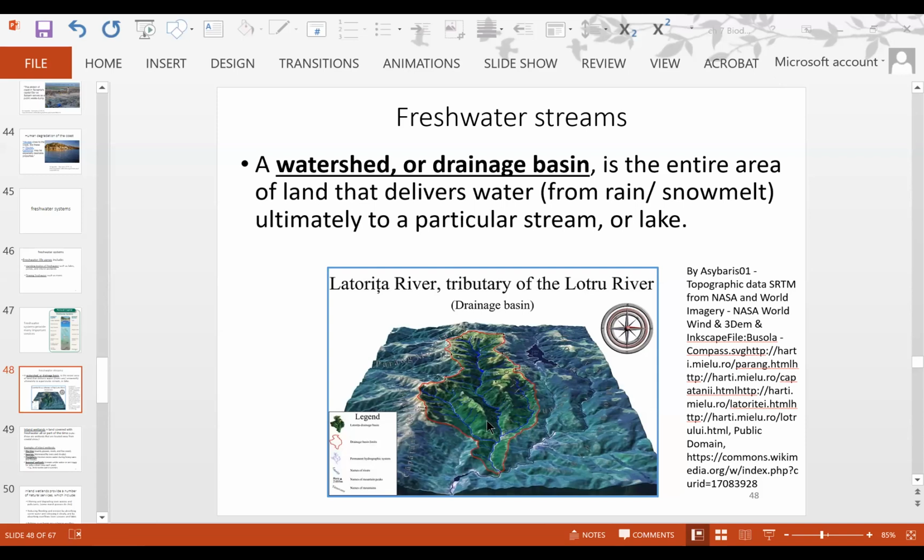So just to clarify for a second, the watershed here is the watershed of the Latarita River, or the drainage basin of the Latarita River, which is a tributary of the Lotru River.